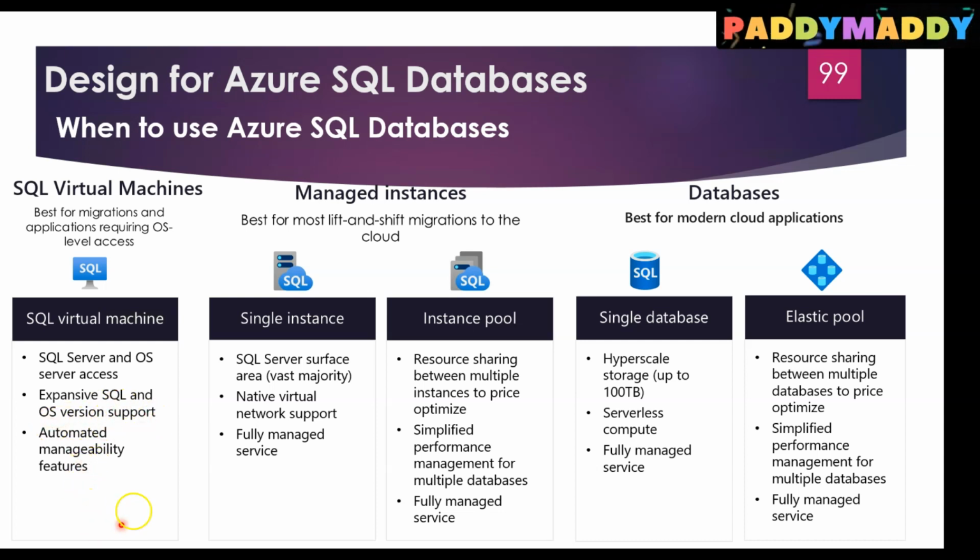Automated management features are available within this, and it is also best for migrating any application that really requires operating system level access. Let's say your application needs the operating system, or it's not compatible with the PaaS model, then you're going to use infrastructure as a service as a deployment method.